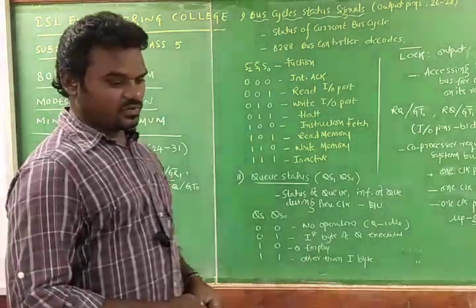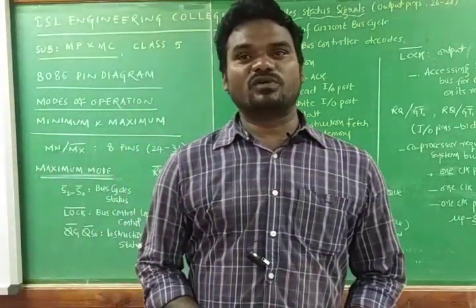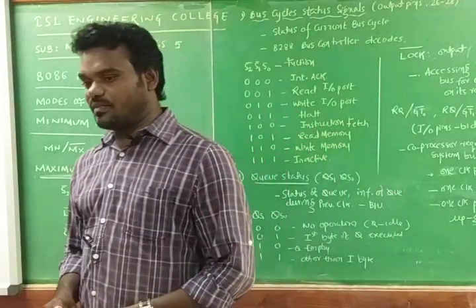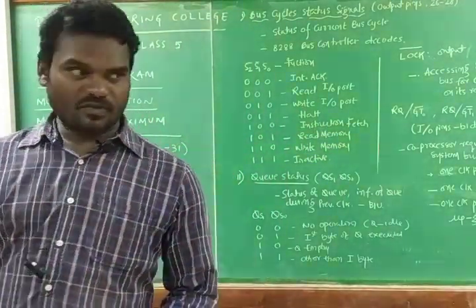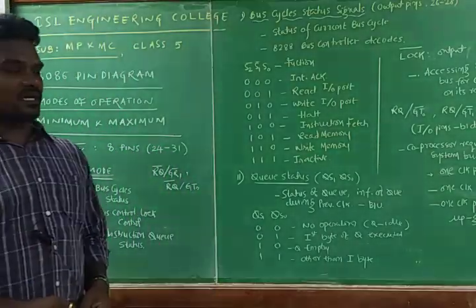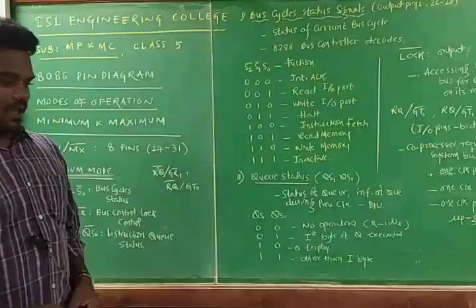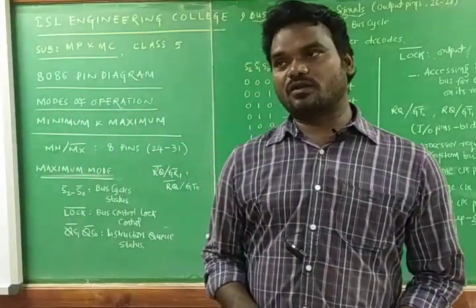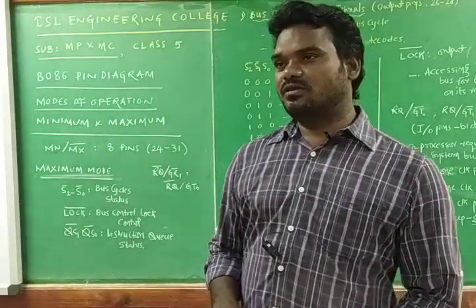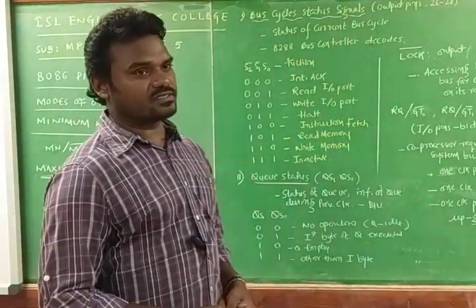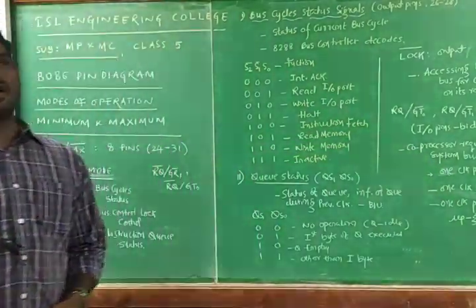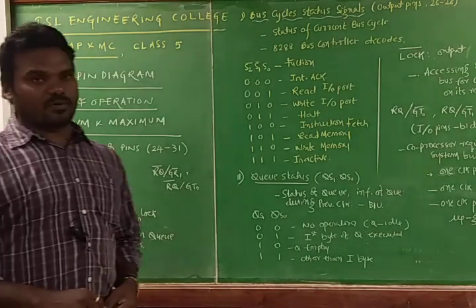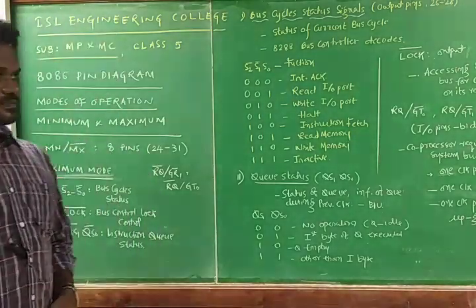Before going to discuss the maximum mode signals, we should know what the maximum mode of operation of a microprocessor is. When the microprocessor is associated with another coprocessor to perform some specific functions, then that mode of operation is named as maximum mode of operation.